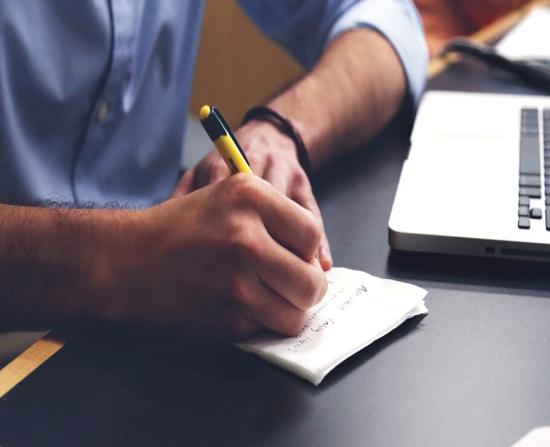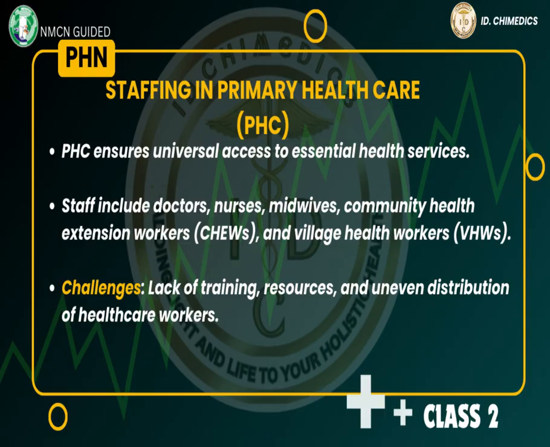Maldistribution of healthcare workers affects efficient delivery of primary healthcare services. Imagine you are sending a CHEW to a particular community that does not have enough, it's a problem. When you are sending a nurse to a particular community that already has enough, staffing begins to lack in other communities.